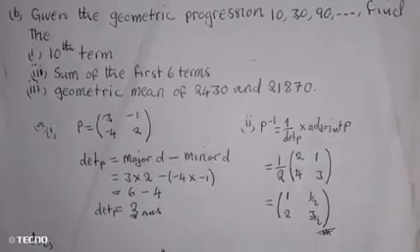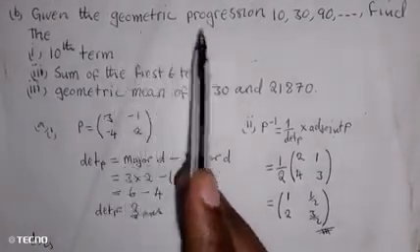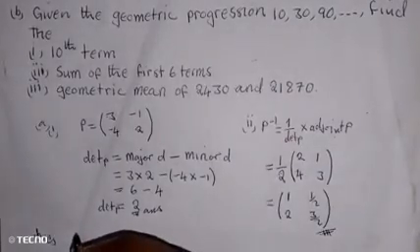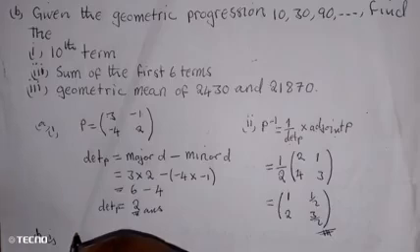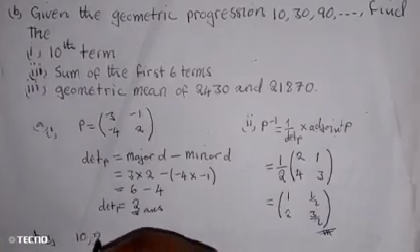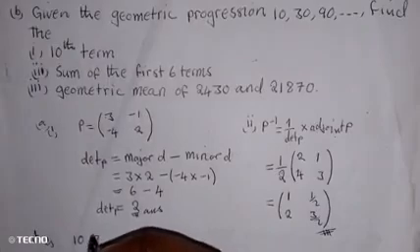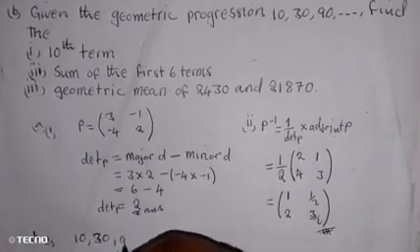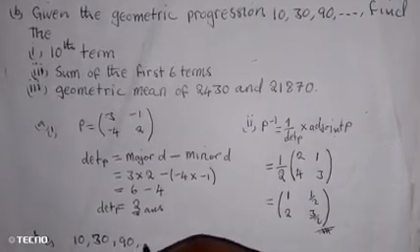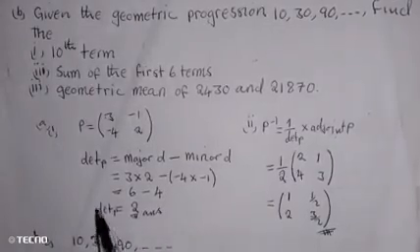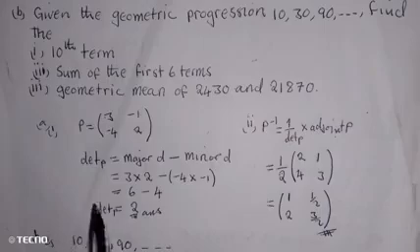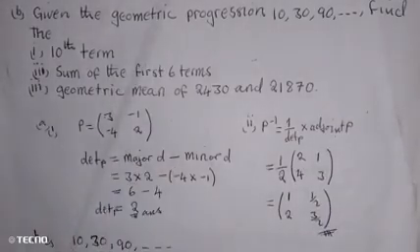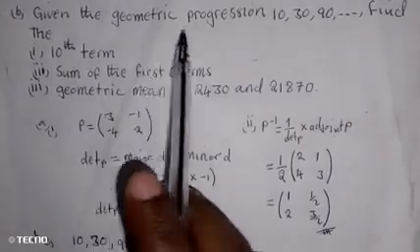So here the question says, given the geometric progression, here we have been given this information: 10, 30, 90. Then find the 10th term. We've already been told that this is a GP, a geometric progression.